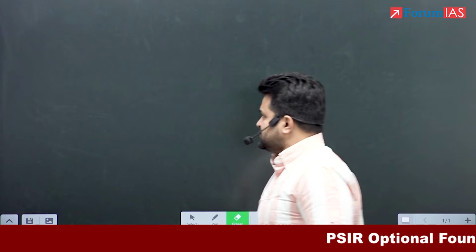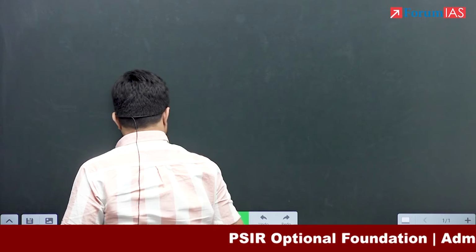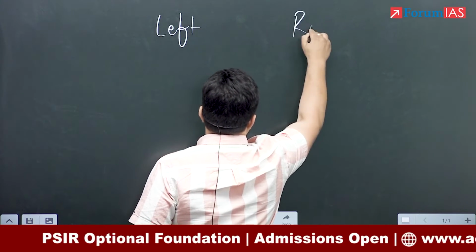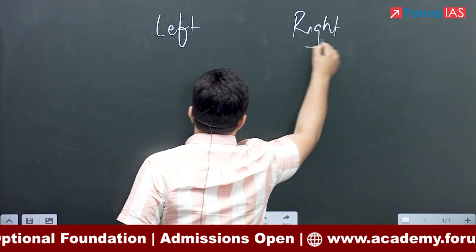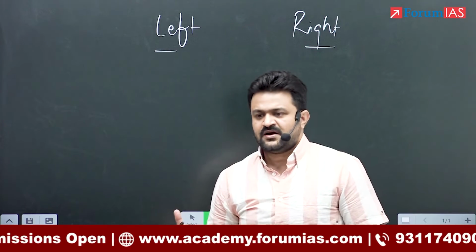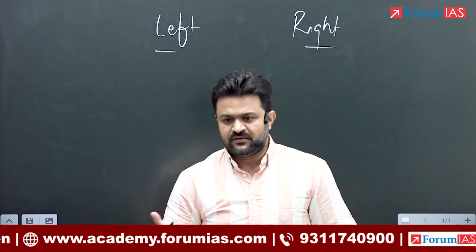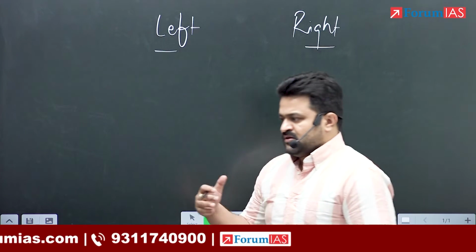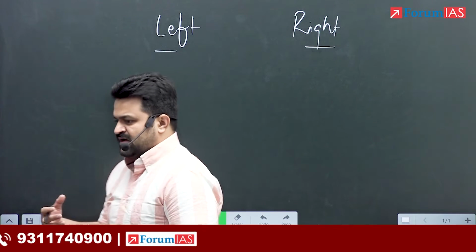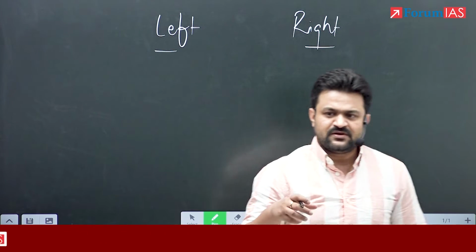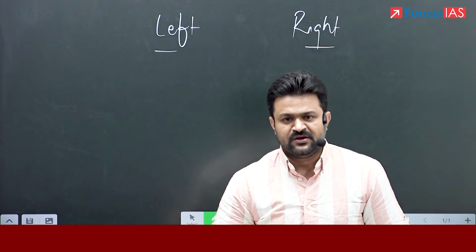These two terms that you have here are left and right. Okay, and this would be a good starting point to discuss other ideologies which are important. You will see that these terms are frequently used, and today in this part you are going to understand what these terms actually mean.